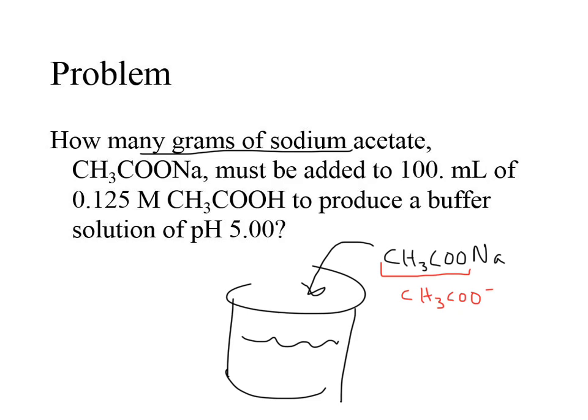Then it goes on to say that down here in my vat, I have 100 mL, 3 sig figs, of 0.125 molar acetic acid, CH3COOH. Now when they give the molarity of the weak acid, assume that is before any ionization happens.